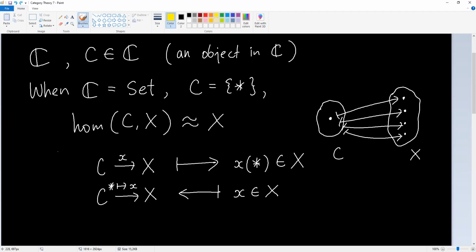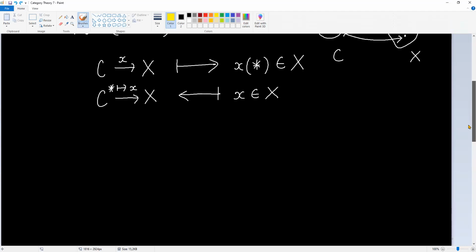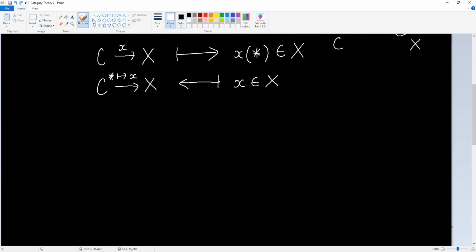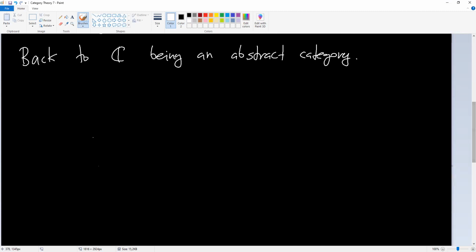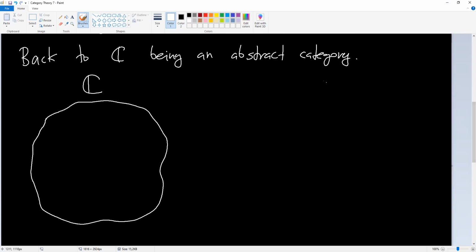So it seems like in the case of an abstract category, so back to C being an abstract category, we can do the following. Let me draw category C as an area like this, and let this be the category of sets on the right-hand side.